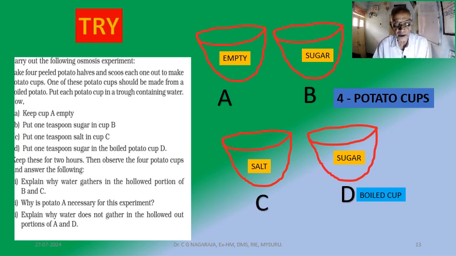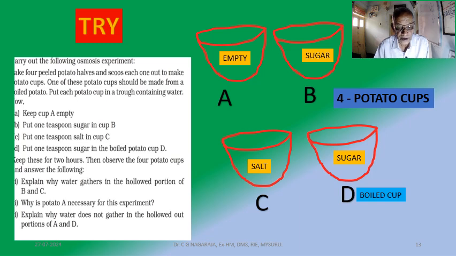A is empty, B has some sugar, C has some salt, and D also has salt or sugar, anything. A, B, C potato cups are not boiled, whereas D is a boiled cup.